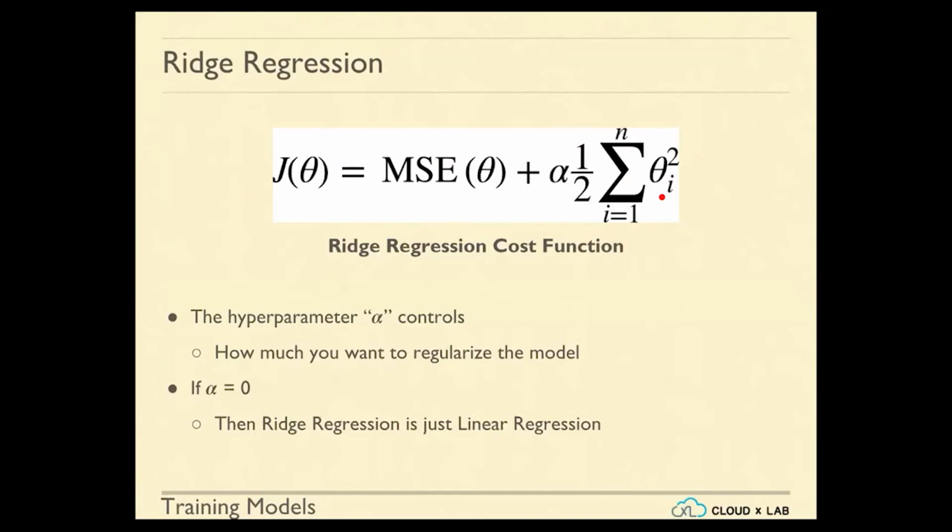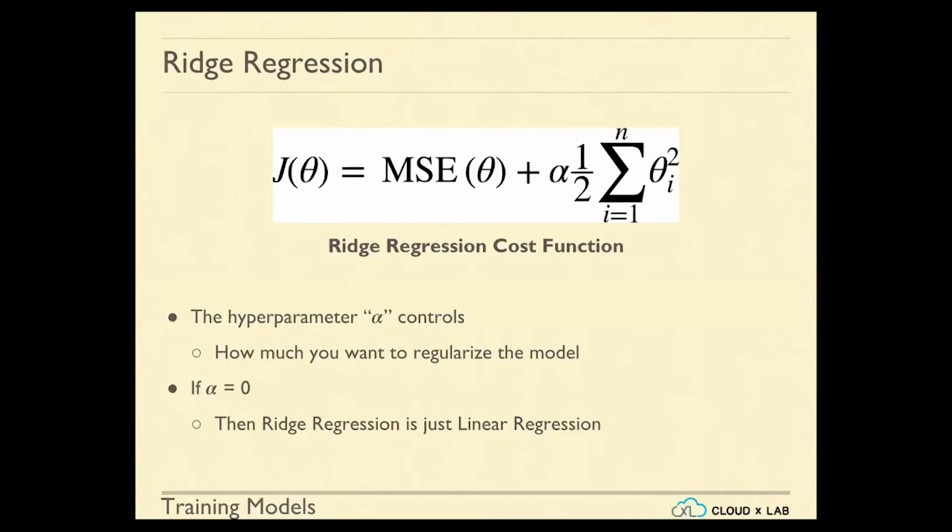So we are forcing the model not to have too much degree of freedom. By curtailing its degree of freedom, we are limiting its overfitting.